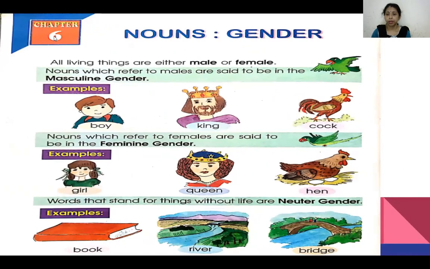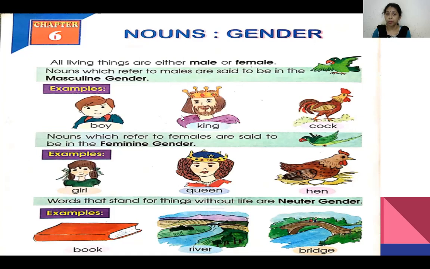See in your page from your book, we can see the picture of a boy, the picture of a king. They are male human beings.